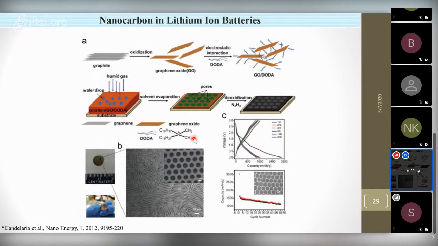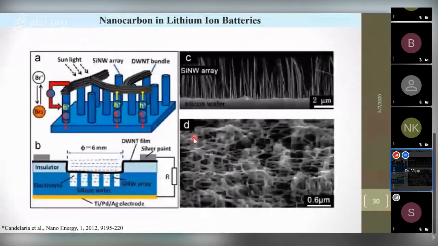There is also the possibility of growing silicon nanowires, as it started with silicon oxide replacement or metal oxide replacement. Now they have also started to use either semiconductor or metal oxide in such an anode together with carbon nanotubes.